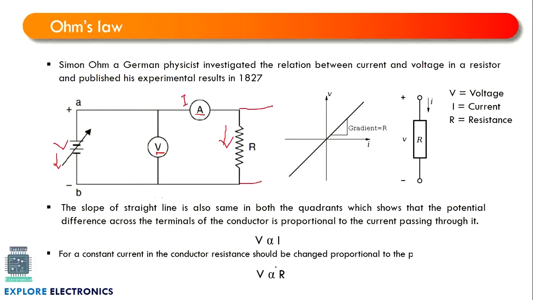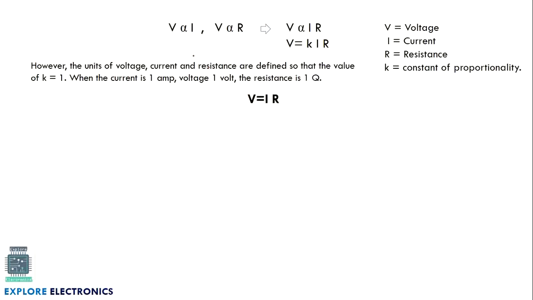So by this we can write the expression V is directly proportional to I into R. To equate this, we need to put a constant of proportionality, that is K. What is K here? If the current flowing through the circuit is 1 amp, the voltage is 1 volt and the resistance is 1 ohm, this K becomes 1.